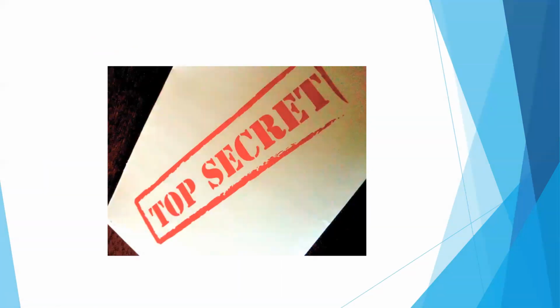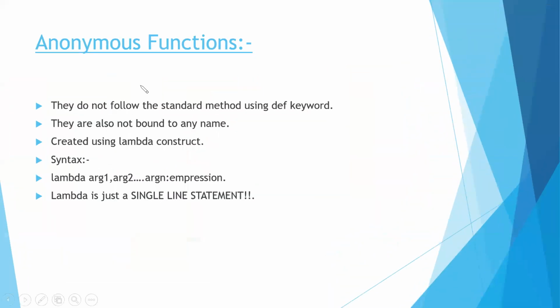Now let's see some hidden secrets: anonymous functions. Why are these called hidden? Because they don't have any name, and second, they don't use the def keyword syntax I've already shown you. They are created using the lambda constructor. You can see the constructor over here: lambda, argument one, and then expression.